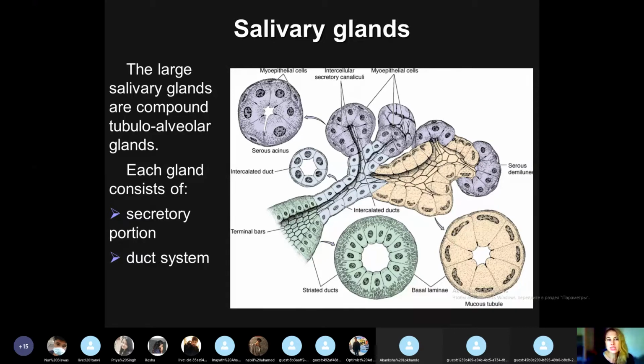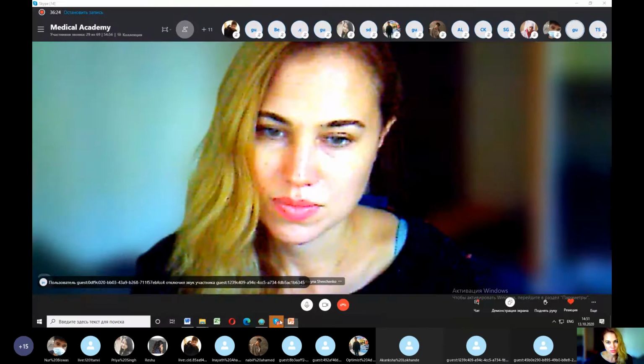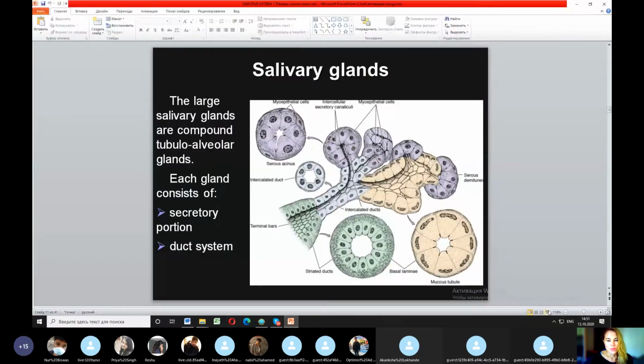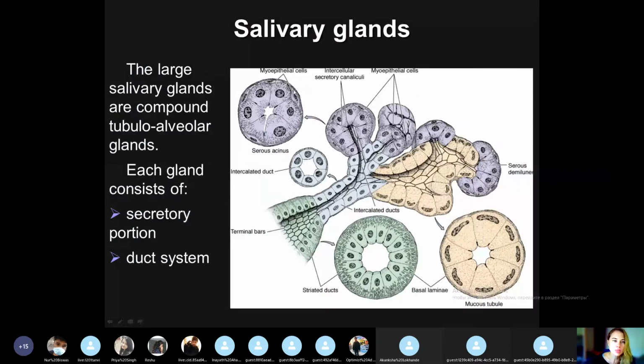So the myoepithelial cells have the microfilaments in their cytoplasm that are able to provide contraction and stimulate secretion of the secretory cells in the secretory portion.